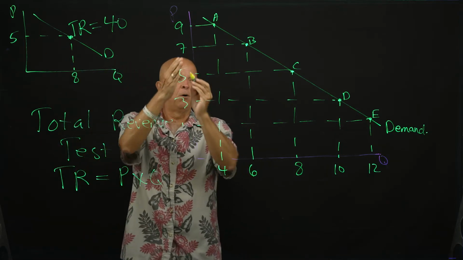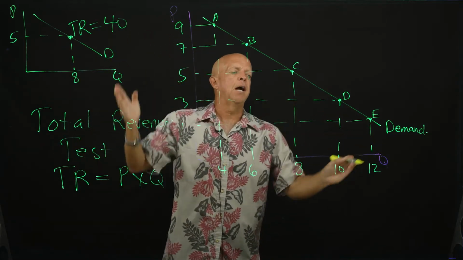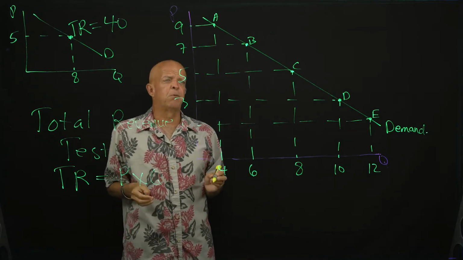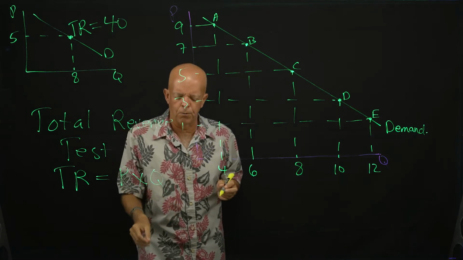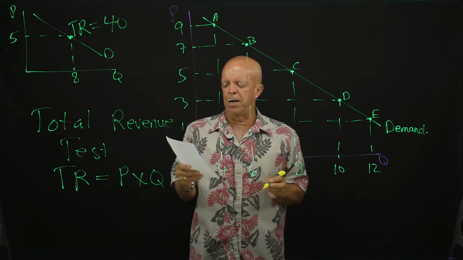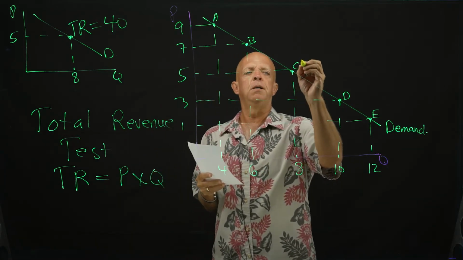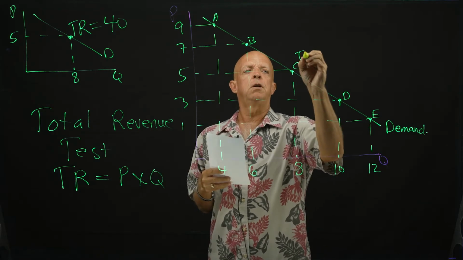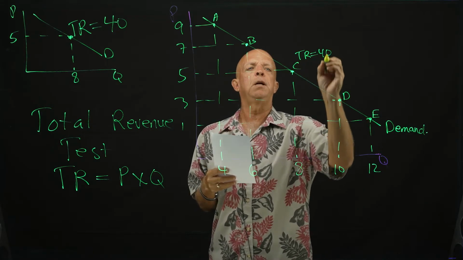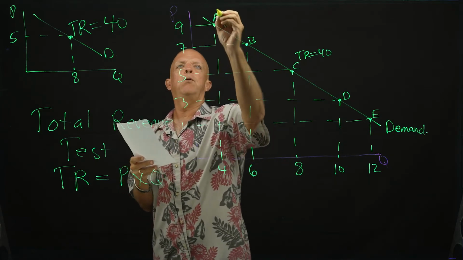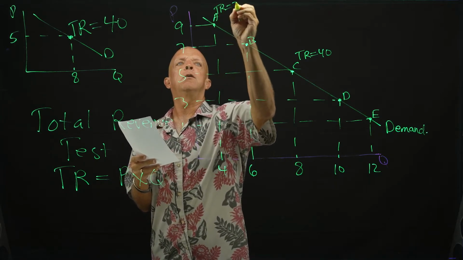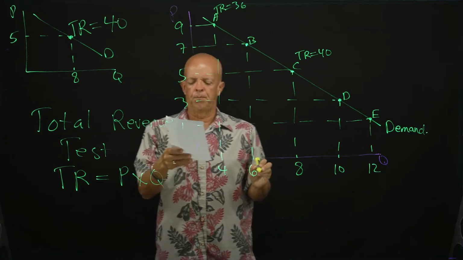And now upon a whole demand curve, you can look at the different price quantity combinations and see what happens to your revenue if you change the price. So we've got the first one. This is TR equals 40. We can start from up here. 9 times 4, TR 36.